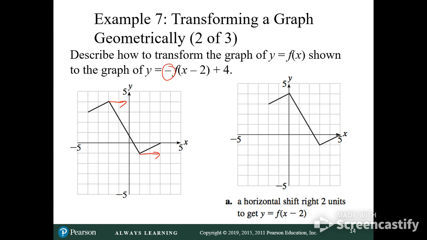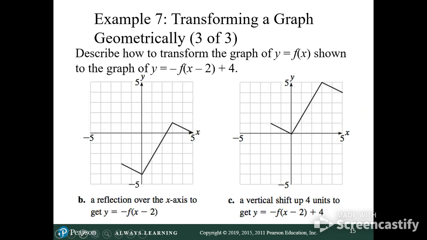What's a negative on the outside going to do to this function? Flip it across which axis? The x-axis. So we're going to flip that across the x-axis, and now it comes down. And then the plus 4 does what? Slides it up 4. Okay? So that's the basics of what we're doing today. Okay?